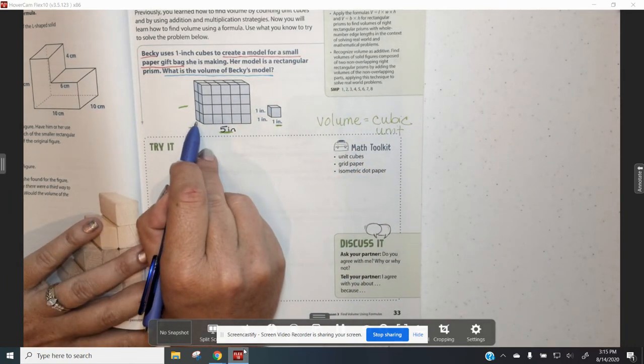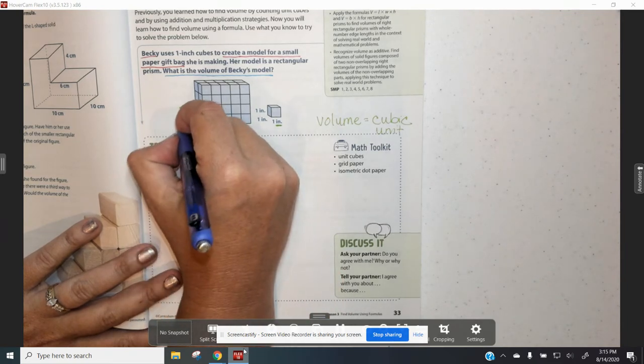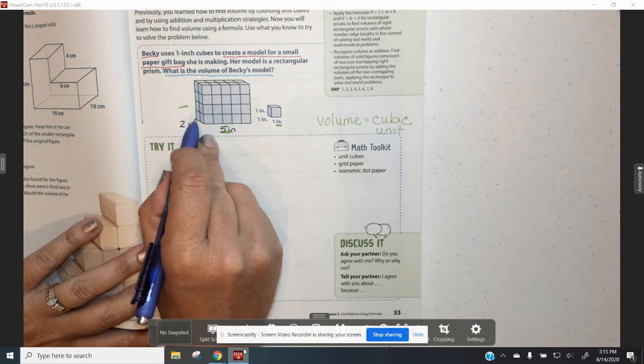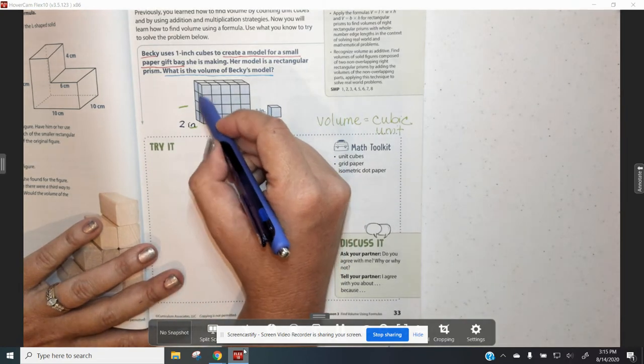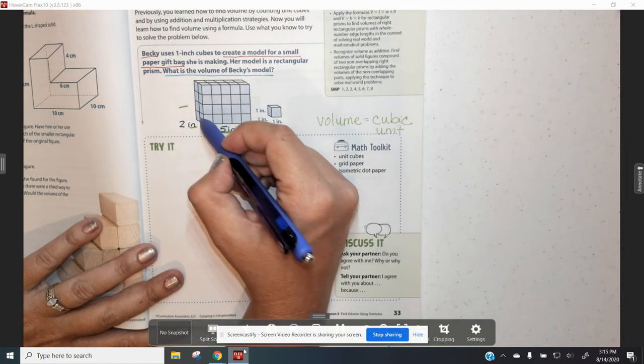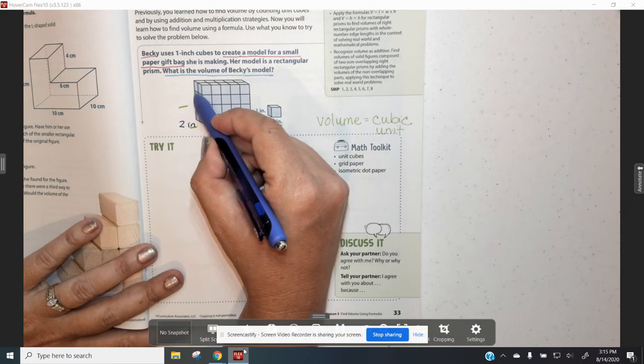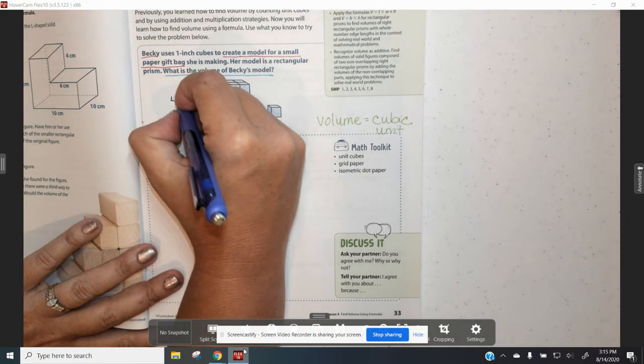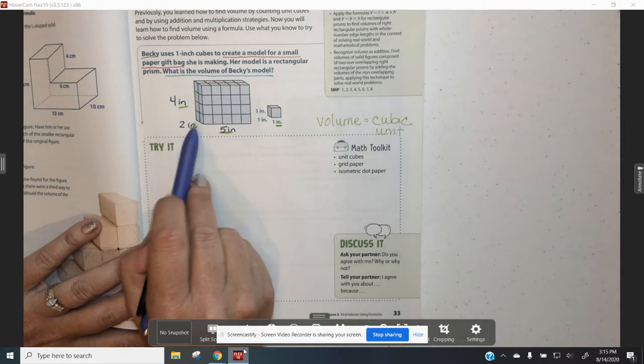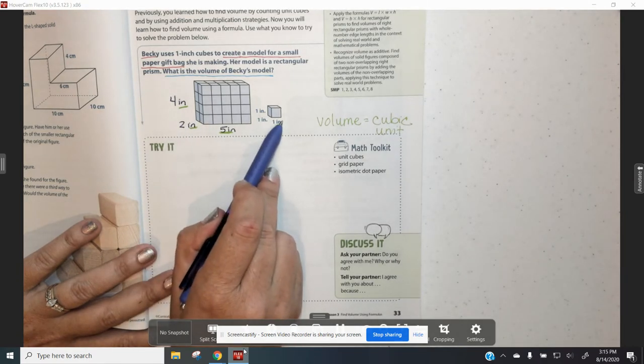Then I'm going to go to my width. It is 1, 2, 2 inches wide. And then I'm going to go to my height and count how many layers there are. 1, 2, 3, 4. 4 inches. Because we know we're using inches because of our important information.